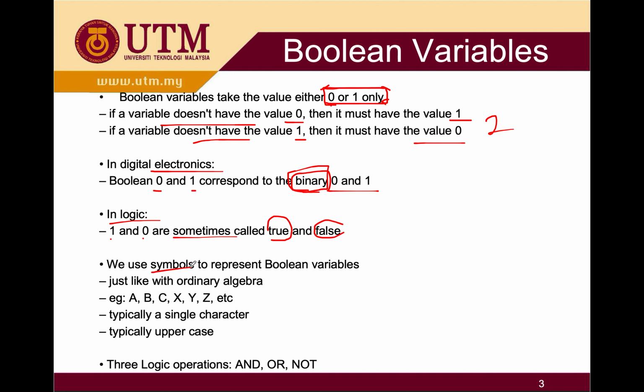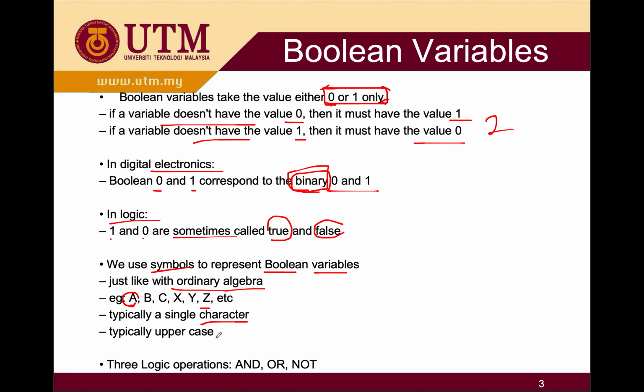So what symbols can be used as Boolean variables? Just like the original algebra, you can have A, B, C until Z. Typically it is a single character, so you can easily know that this is one input or this is one output.